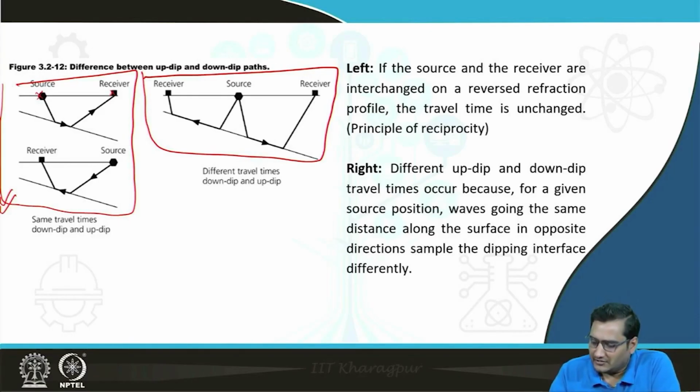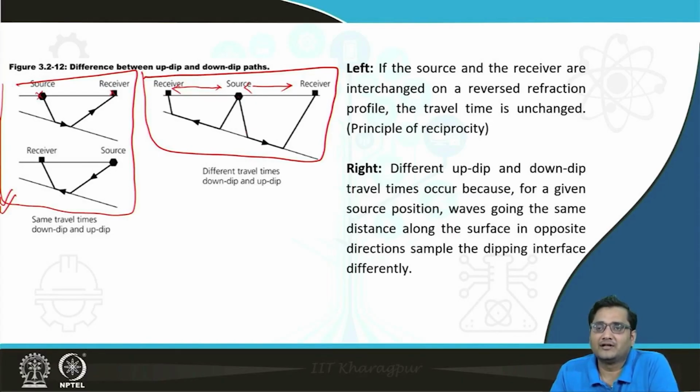So if you have a source, and one receiver is in the up dip direction and another receiver is in the down dip direction, the distances between the source and the receivers on the surface are the same, but their travel times will be different because the head wave is experiencing different dipping interfaces.